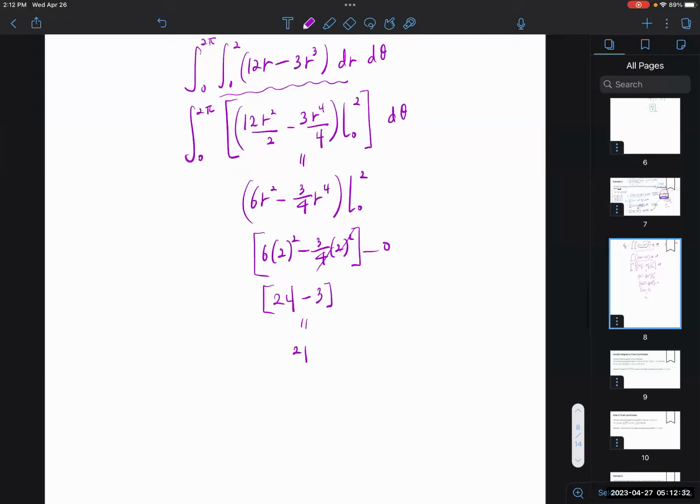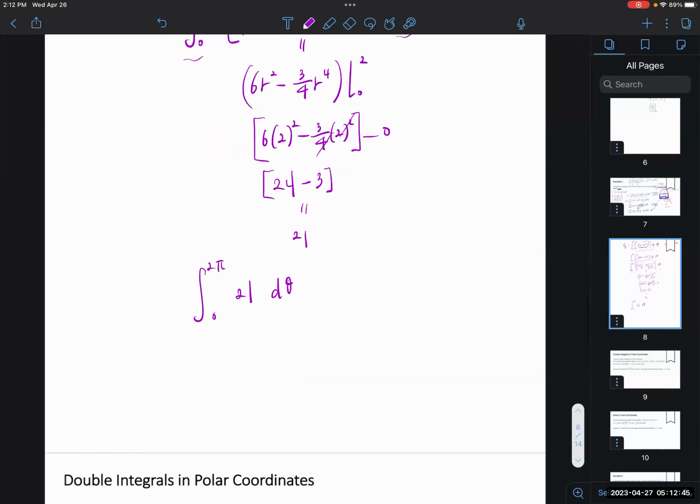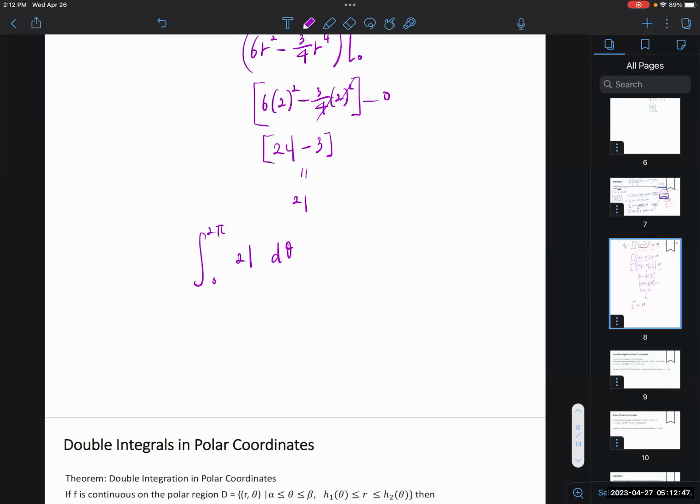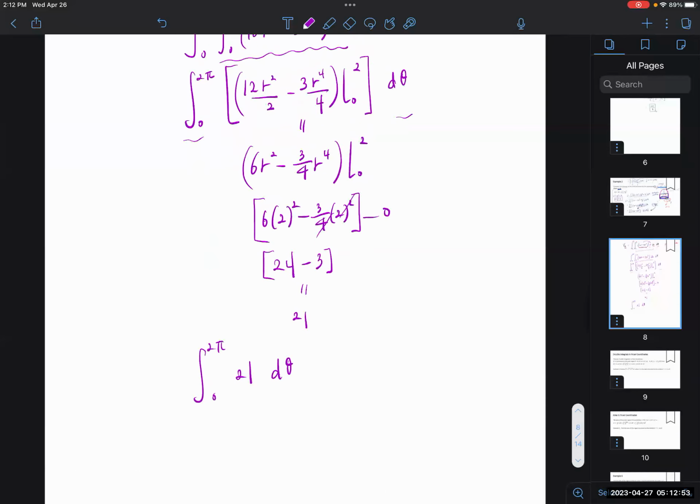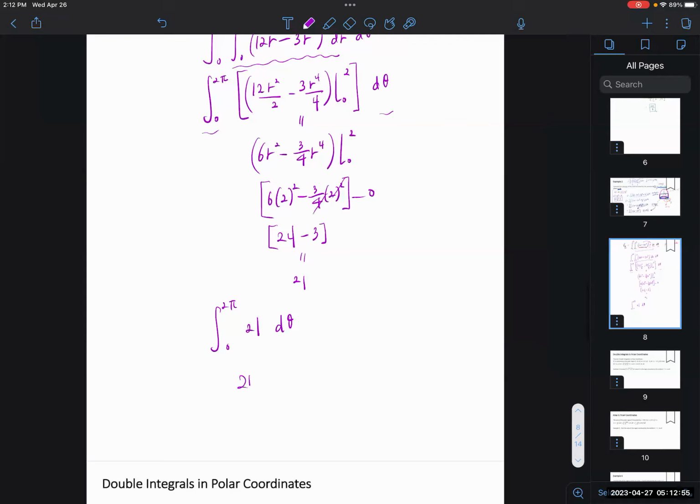So now we are still going to take the integral outside: integral 0 to 2 pi of 21 d theta. That's what you need to do. Let me just look at that 21. So we have to take the integral.